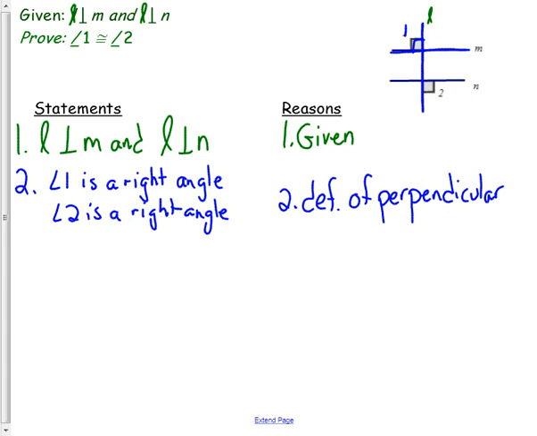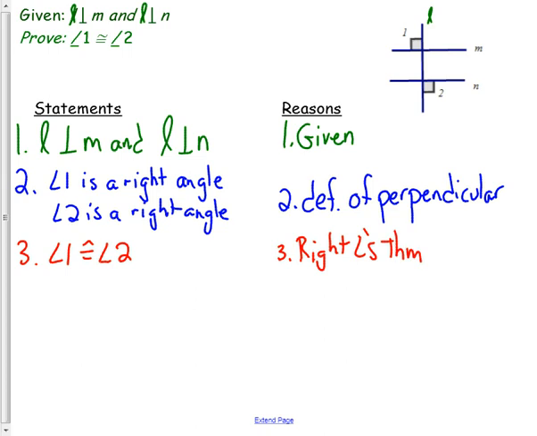So we know that they are right angles. But what do we know about right angles? By the right angle theorem, we know that all right angles are congruent. Well, that's what we're trying to prove. Since angle 1 is a right angle and angle 2 is a right angle, we can say that angle 1 is congruent to angle 2. And you could write right angle theorem.